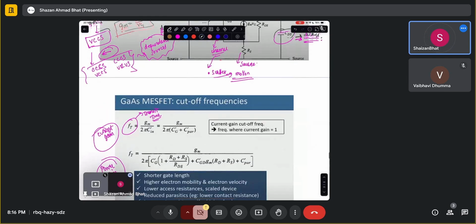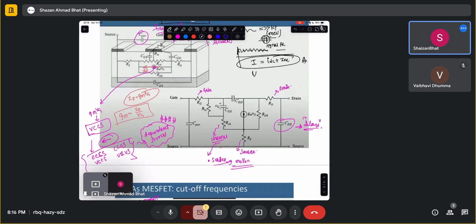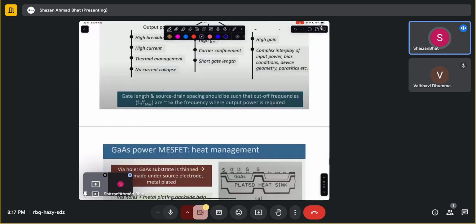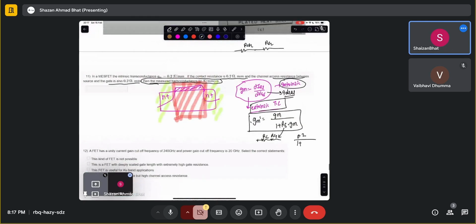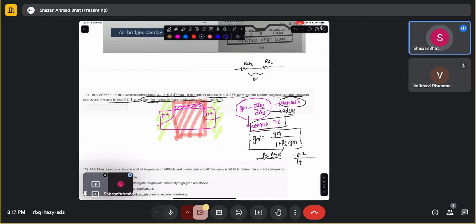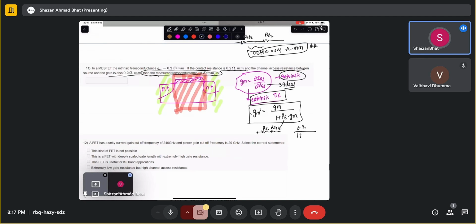In the previous figure they have not shown the gate resistance. Basically, it is the source resistance. It will be in series, so 0.2 plus 0.2 will be 0.4 ohm millimeter. We've talked about this concept in the first session itself, why it is ohm millimeter.